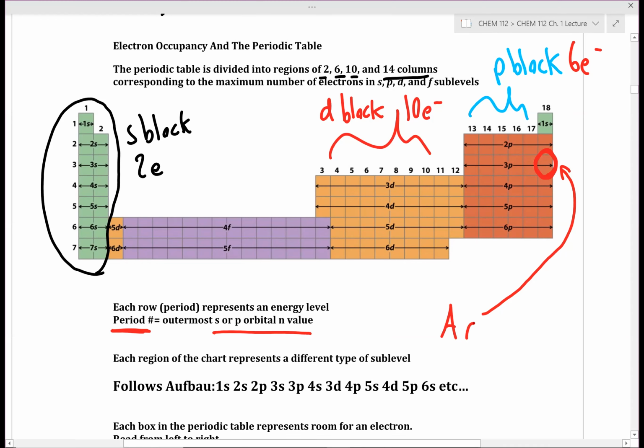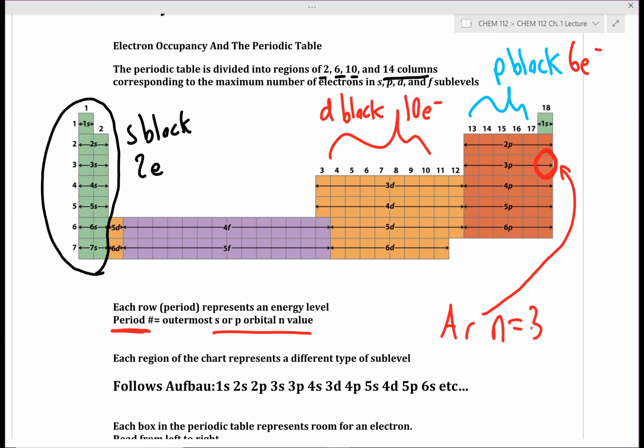So what row in the periodic table is argon? What is the n value? 3. Yeah. So argon corresponds to n equals 3. So what is the n value of its outermost orbital, its furthest filled orbital? 3. Yep. What block does argon lie in?